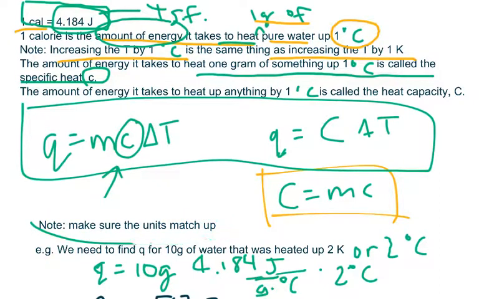Now, when you do this, make sure that all your units match up so that everything works. Before we continue, we have to think about what the units are for our specific heat. We know that heat is a form of energy exchange, so that must be in joules. And this is equal to grams, which is mass, times c times delta T, which is in degrees Celsius. Now, to find the units for specific heat, we move things around, and we get that c, our specific heat, has units of joules over grams times degrees Celsius.